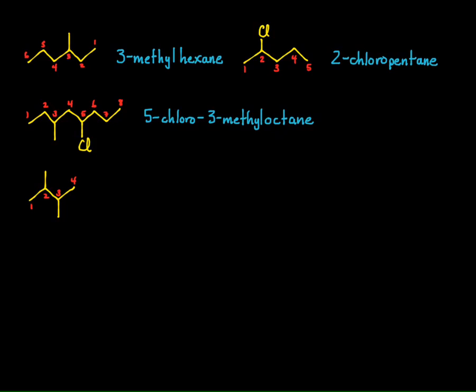So what do I do? I group the methyl groups together because they're identical substituents. But I still have to give each one of them a location, a number. And therefore, it's 2,3-dimethylbutane. So notice I'm grouping the methyl groups. I'm adding the prefix di, and I simply can group the location of the substituents as well. So 2,3-dimethylbutane.